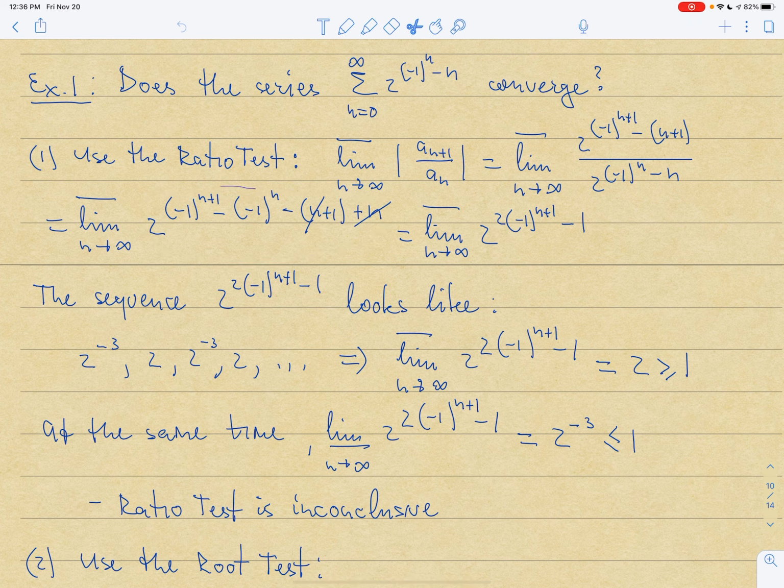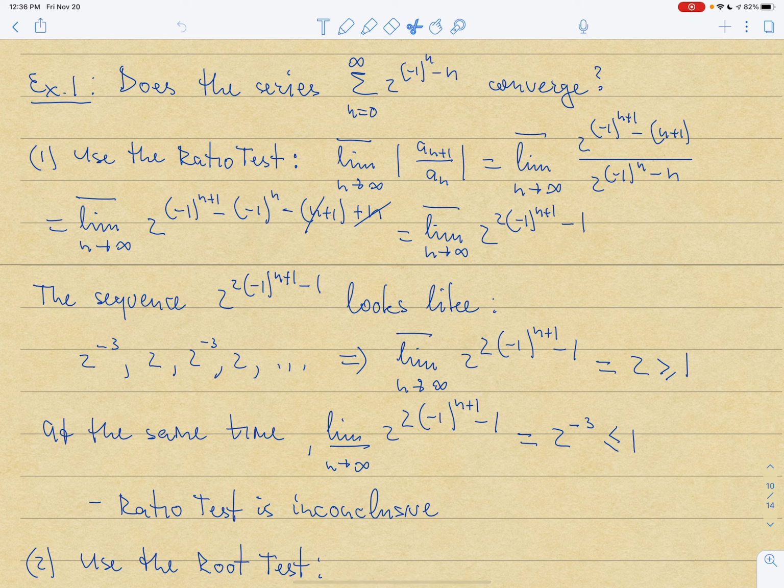So it's minus 1 to the n plus 1 minus 1 to the n, minus n plus 1 from here, and then minus n plus n from the bottom. Then quickly we see that the n's will cancel, right? This n and that n will cancel. And then minus 1 to the n is essentially minus 1 to the n times minus 1. So this would be minus 1 to the n plus 1.